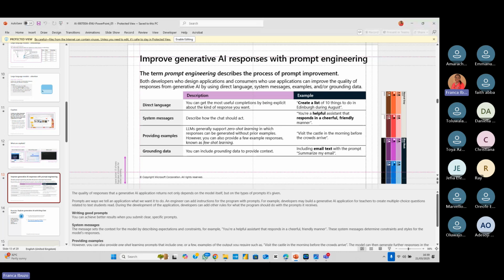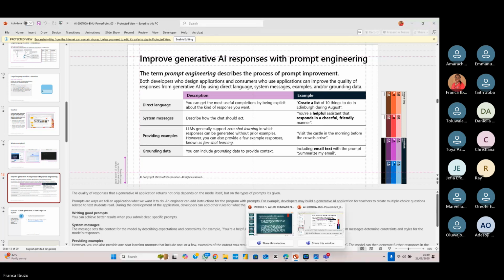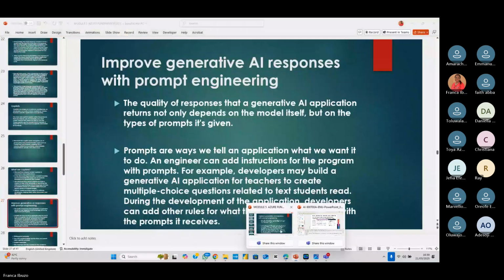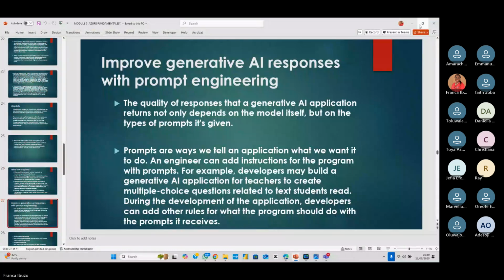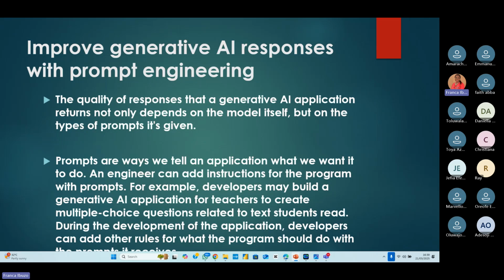Let's look at improving generative AI responses with prompt engineering. As I mentioned earlier, the quality of responses that a generative AI application returns depends not only on the model itself, but on the types of prompts it's given.